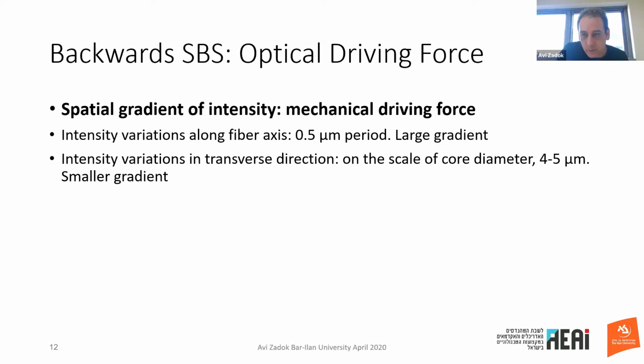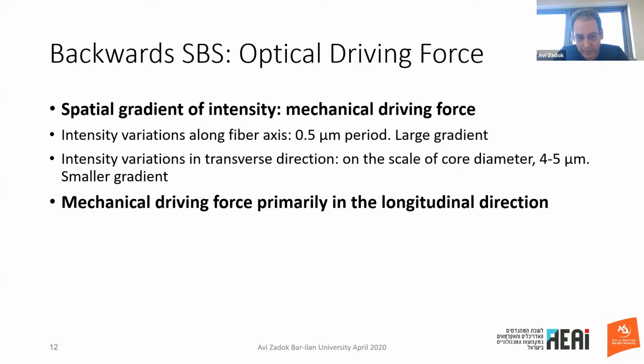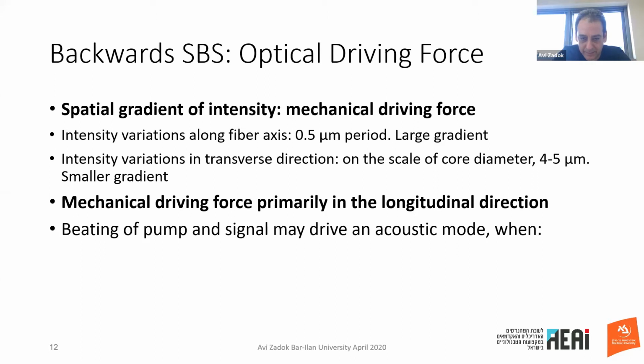In comparison, when we look at the transverse direction, the cross-section of the fiber, changes happen more slowly because the electromagnetic energy is confined to a core that is 4 or 5 microns in radius. That is a scale that is 10 times larger than the axial variation. Therefore, gradients in the transverse plane will be comparatively smaller. Altogether, our two optical waves, the pump and a signal, give rise to a mechanical force that is pointing along the fiber axis in the direction of propagation.